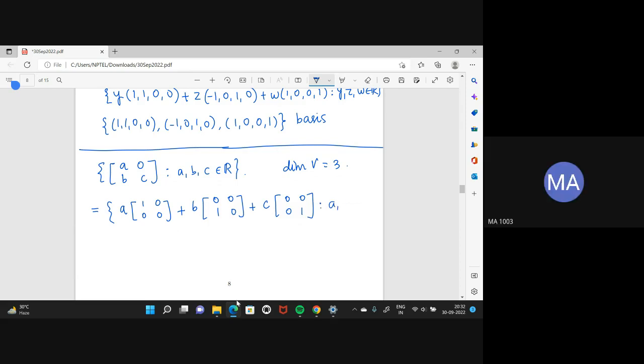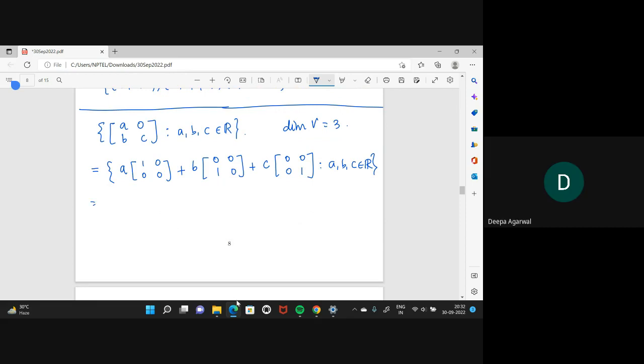A, B, C can be anything, right? So this is nothing but the span of the matrices 1, 0, 0, 0; 0, 0, 1, 0; and 0, 0, 0, 1, right?